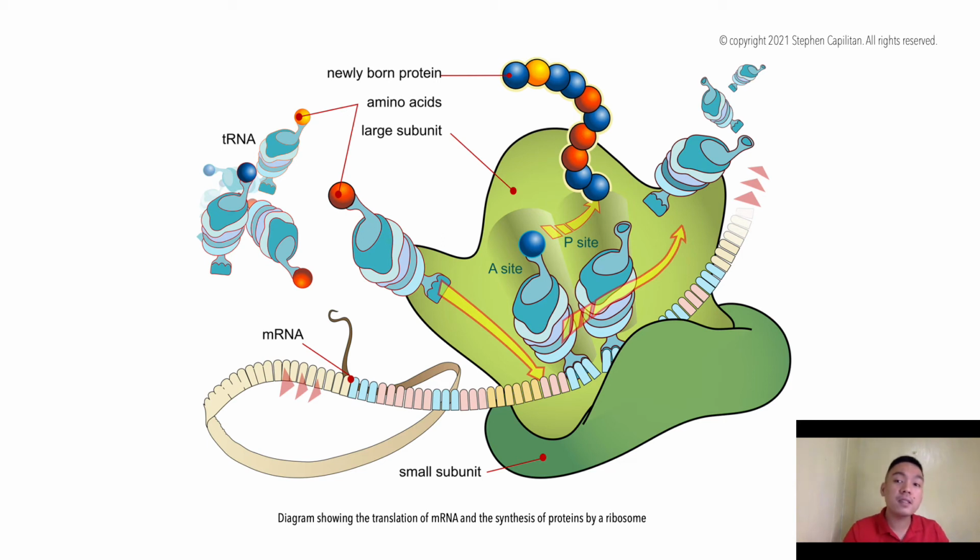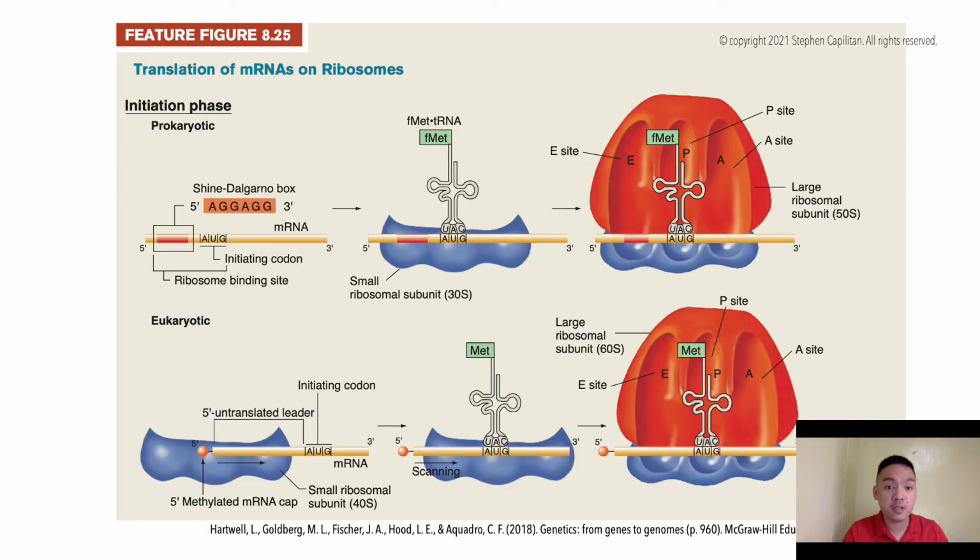So let's talk about the different processes of translation in ribosomes in a prokaryotic versus a eukaryotic cell. We have what we call the initiation phase, the same as with transcription. It is more differentiated between prokaryotes and eukaryotes. In prokaryotes, we have this particular part here.